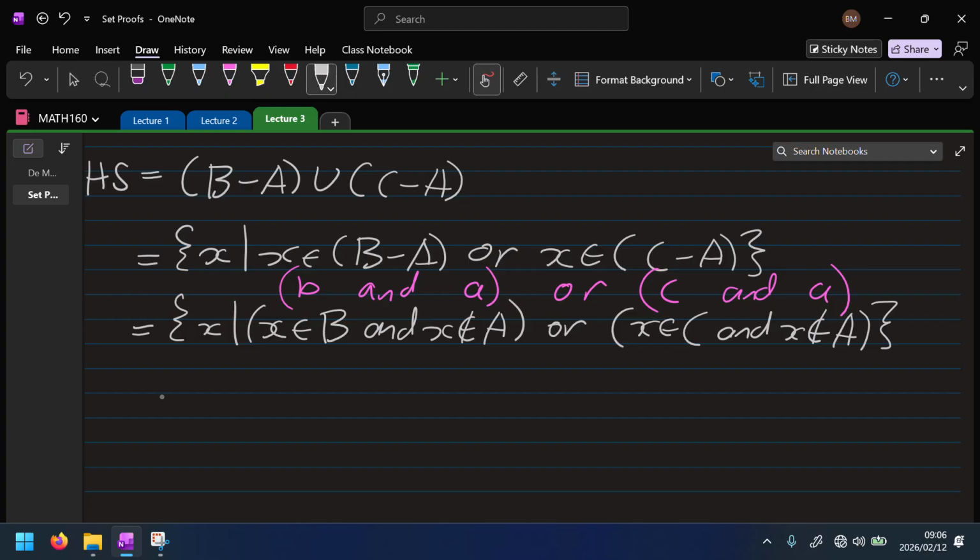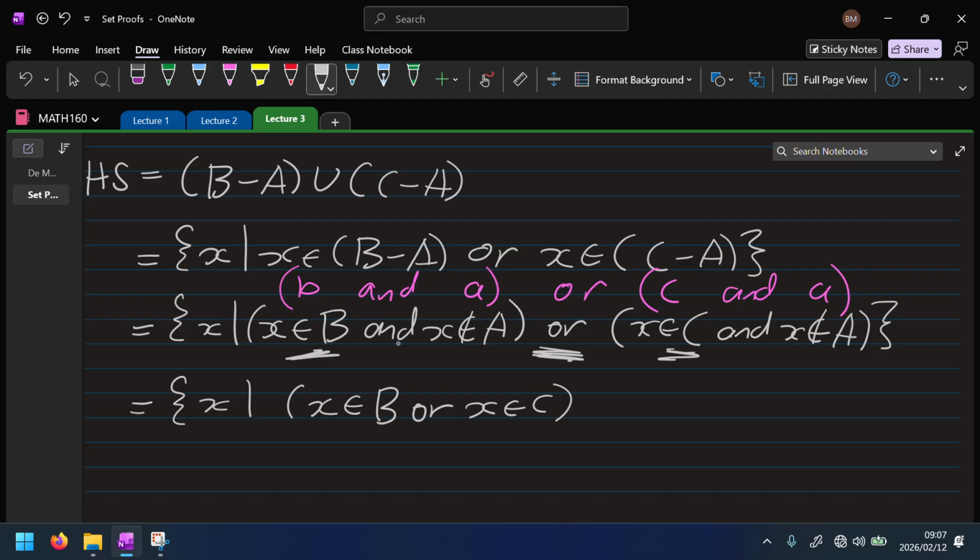So this is going to become x element of B, or x element of C, and then we have the and, x not element of A. Does everyone see the distribution we used?